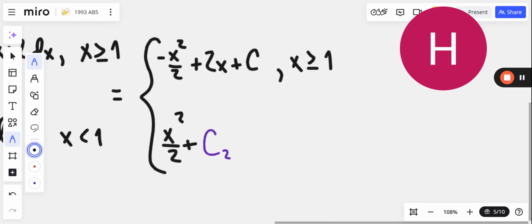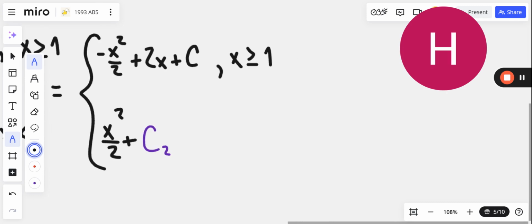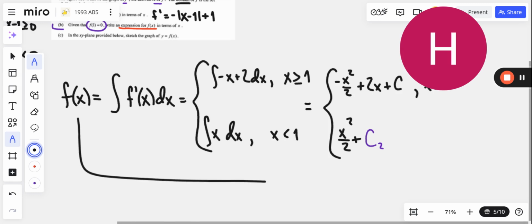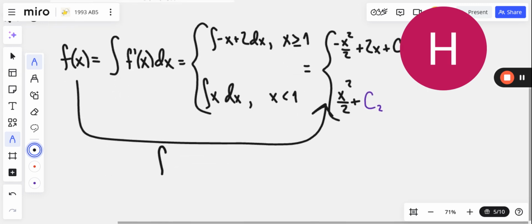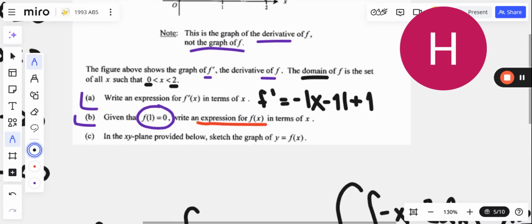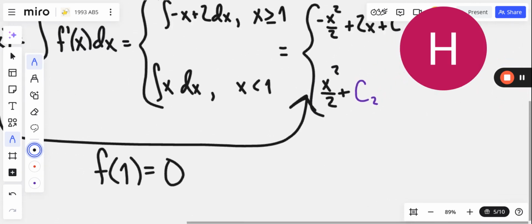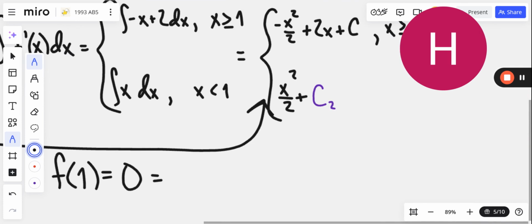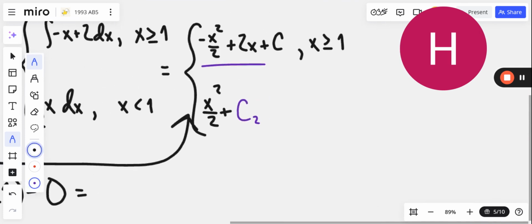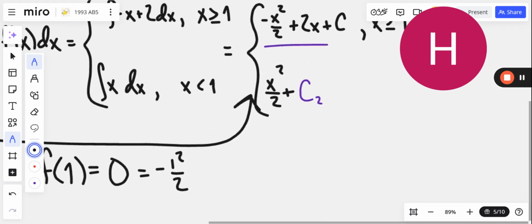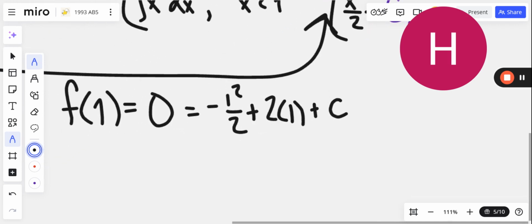So here's what I'm going to do. I'm going to say that given this definition of f of x, I'm going to use the fact that f of 1 equals 0, or was it f of 0 equals 1? No, f of 1 equals 0. I'm going to use that fact to say that if I plug in 1, which means I'm plugging it into the top function, negative 1 squared over 2 plus 2 times 1 plus c, that all needs to equal 0, so I can find my c value.